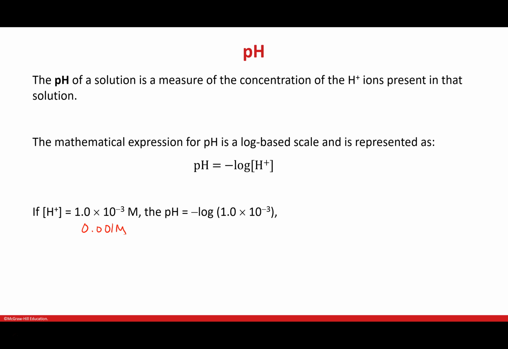If you want to do the negative, you hit your plus minus key, then your log key, put in 0.001, and then push enter. If you didn't hit your negative key, it should say negative 3. If you did, it should say 3.